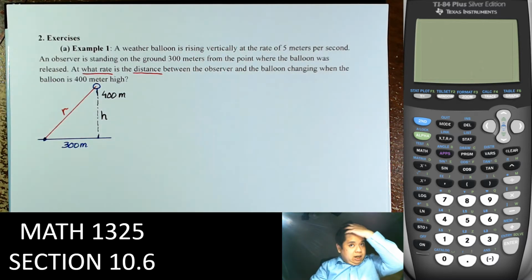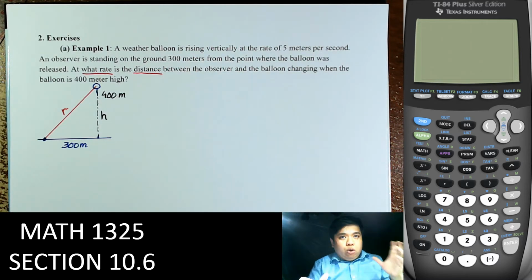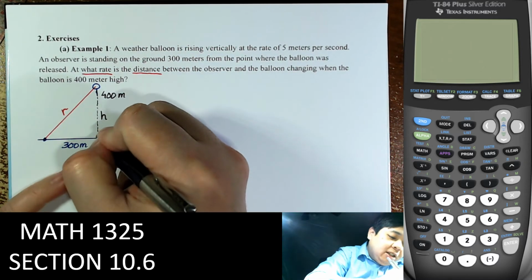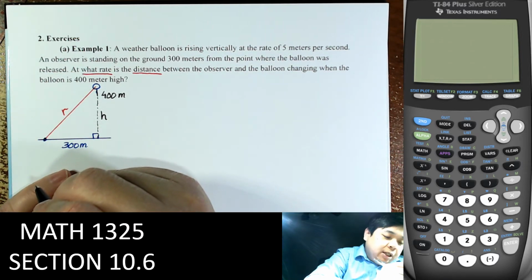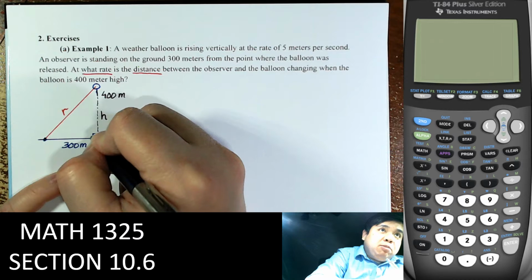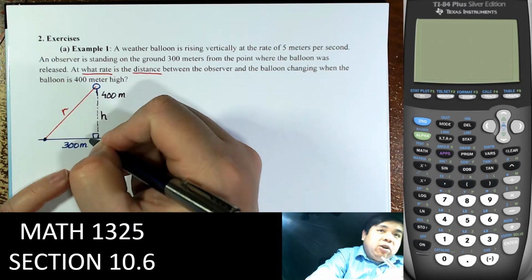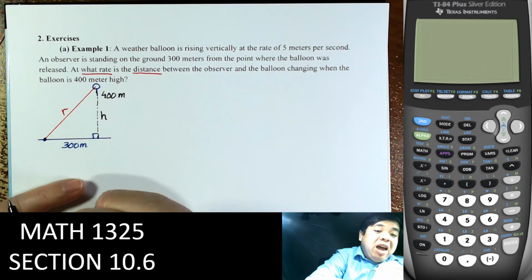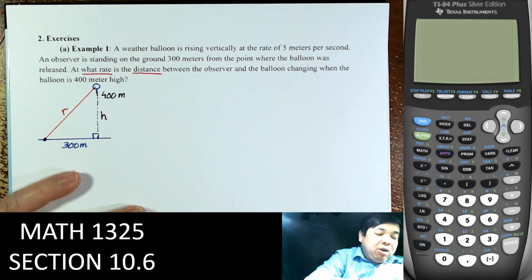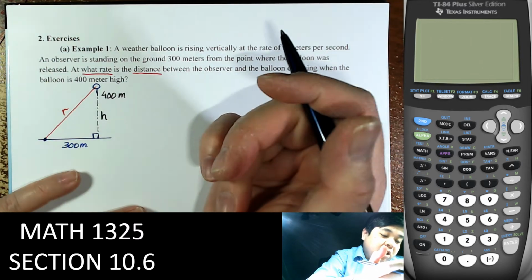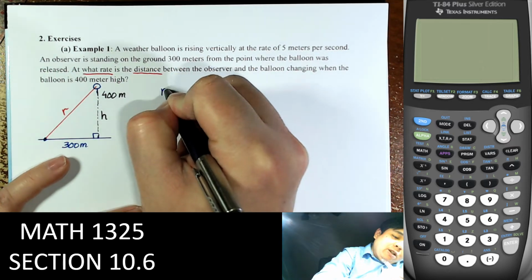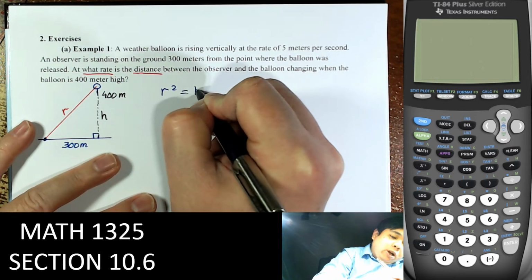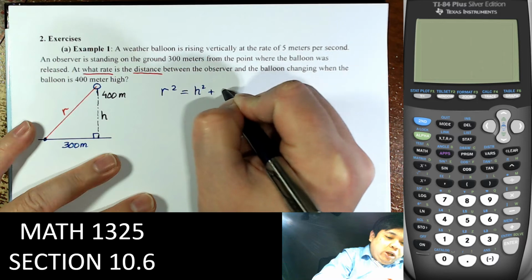I said we assume that there's no wind, so the balloon just goes straight up the air. And so that we'll have the perpendicular angle, and assume the ground is perfectly flat. I mean the ground is perfectly horizontal. So in that case we have r square equal to h square plus 300 square.